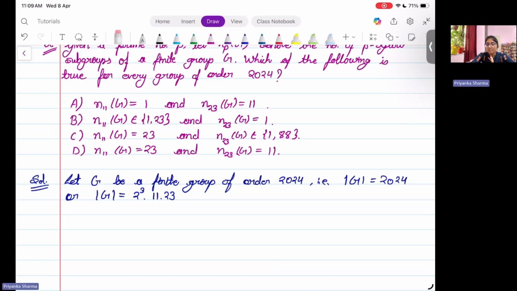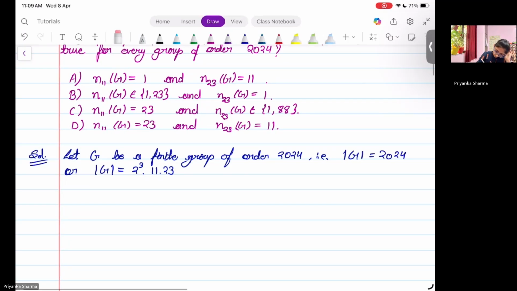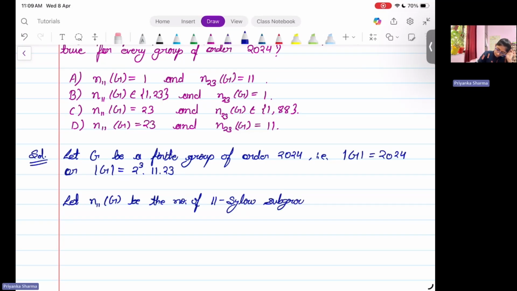So it will have 2-Sylow subgroups, 11-Sylow subgroups, and 23-Sylow subgroups. In the question, it is asked about the number of 11 and 23 Sylow subgroups, so we will figure out only one. Let N11G be the number of 11-Sylow subgroups.